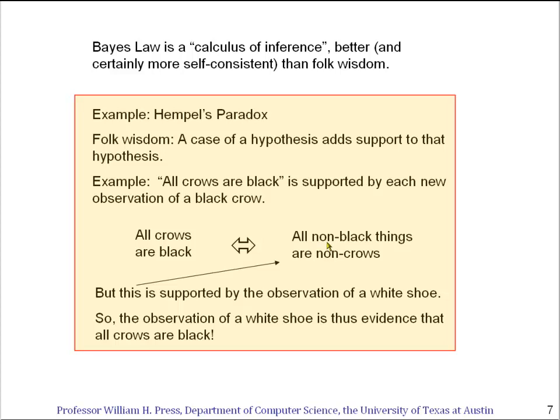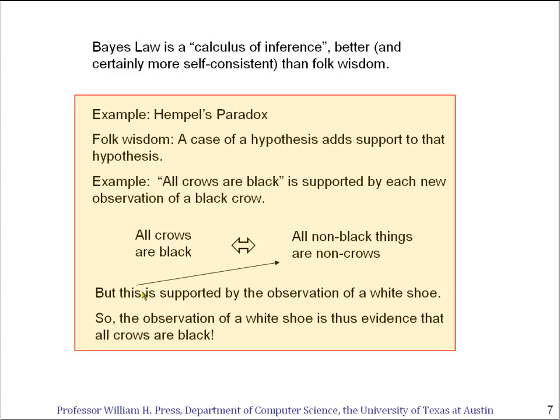If you ever saw a non-black thing that was a crow, then that would disprove this statement. Okay? Whereas if all crows are black, you'll never see a non-black thing which is a crow. I think I've said that right. But anyway, all non-black things are non-crows is the same statement as all crows are black.